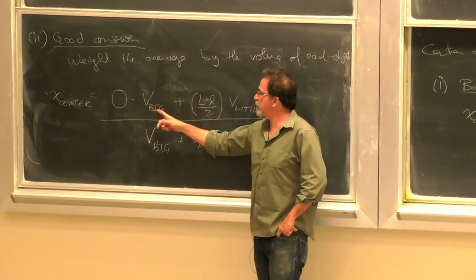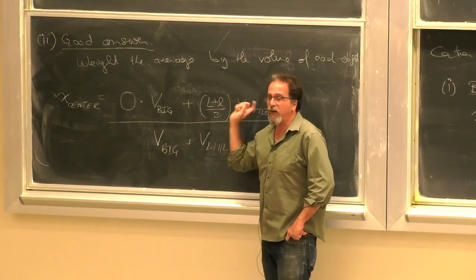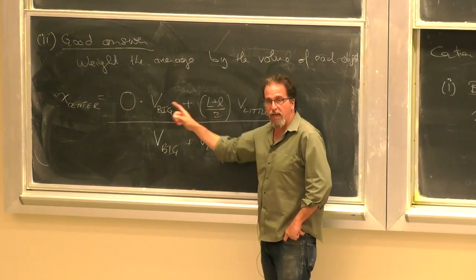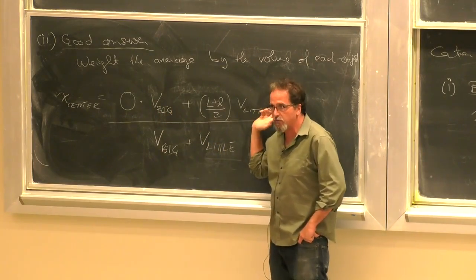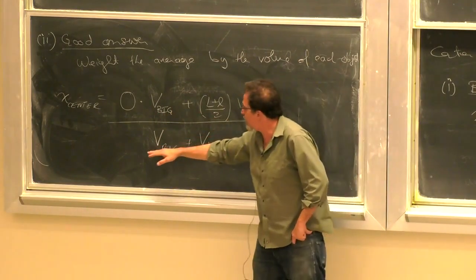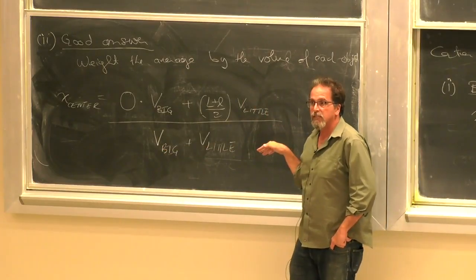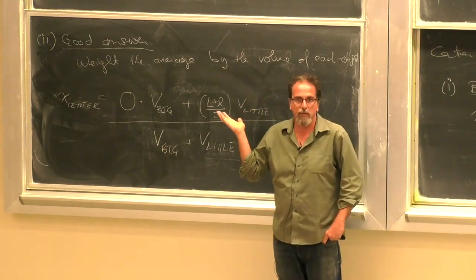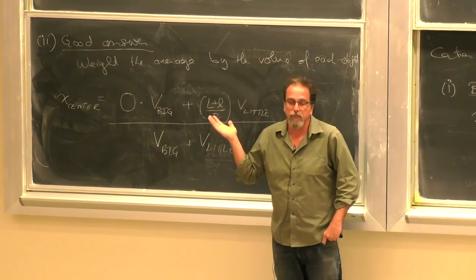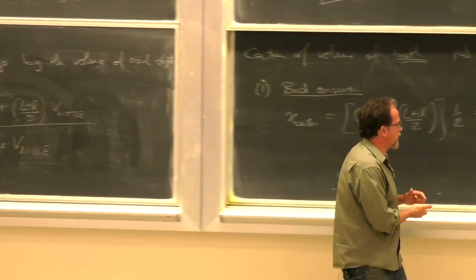He can just index them 1, 2, 3, find the center of each of those little cubes, add center times v plus center times v plus center times v through all of them, and then sum up all the v's. It could be 1,000, 1,000,000, in the limit that n goes to infinity. And that's how we define the centroid.